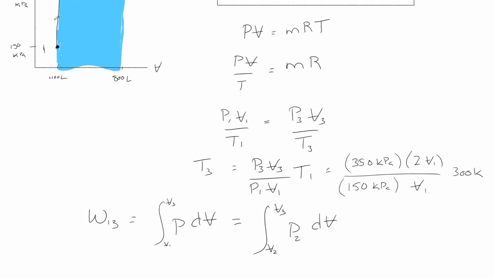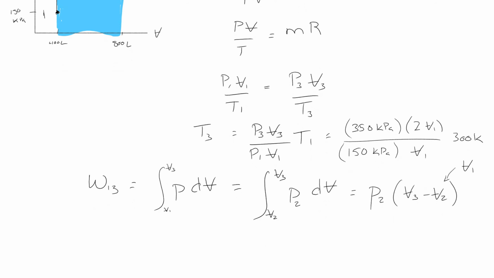And we are going to realize that P is constant during the process from state 2 to state 3. So we can pull that out and the integration becomes trivial. So again, V2 is the same as V1. So we could denote that either way, and that would be fine.